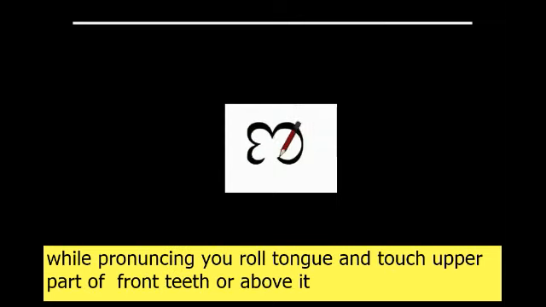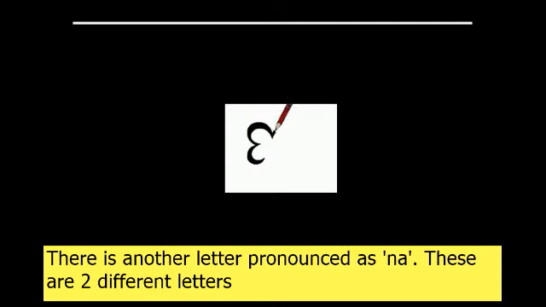While pronouncing, you need to roll your tongue a little bit up and touch above the upper part of your front teeth. So inside your mouth, you need to roll and speak this alphabet. Now, there is another letter which is pronounced as N. So these are two different letters.